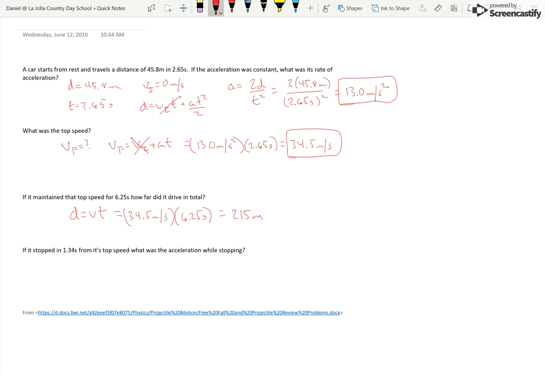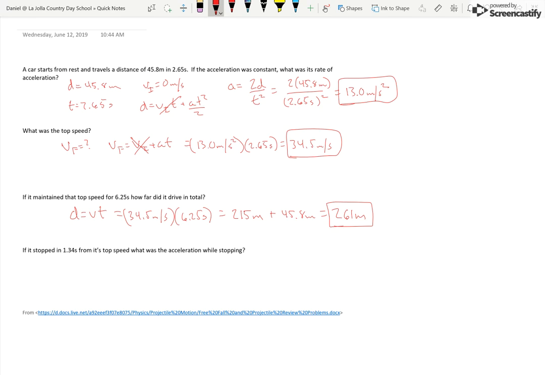after those first seconds. So that means in total, we're going to add in the other distance we covered, 45.8 meters, and we're going to end up with 261 meters as the total distance we traveled.